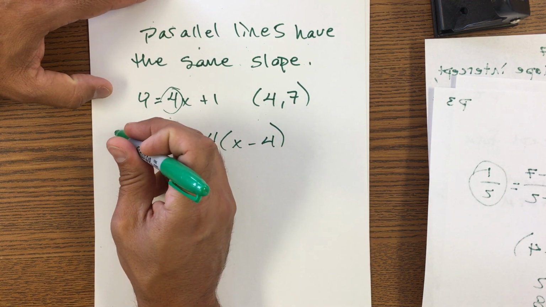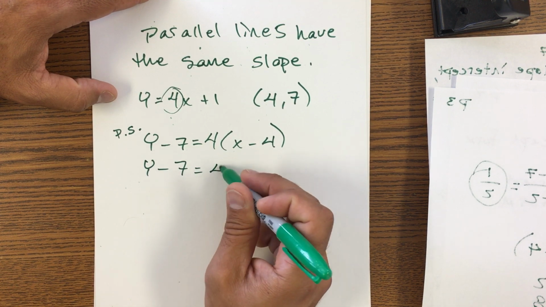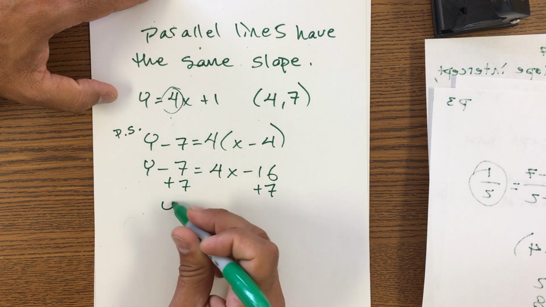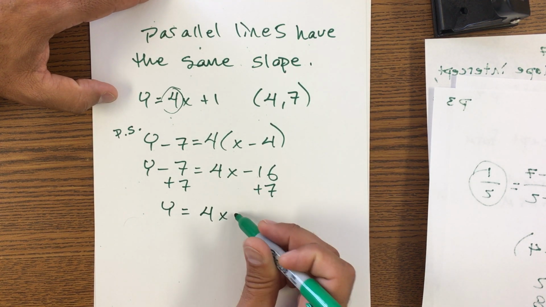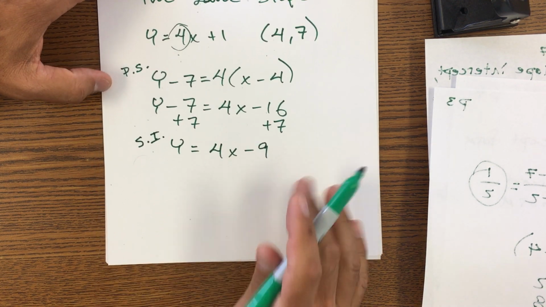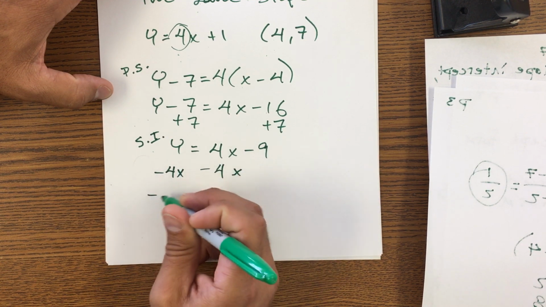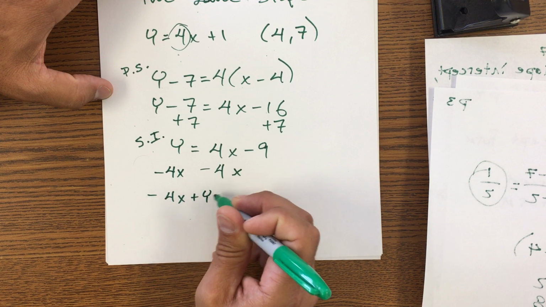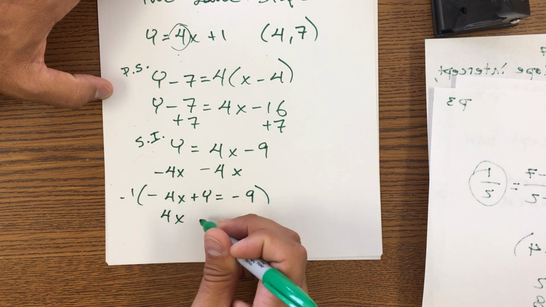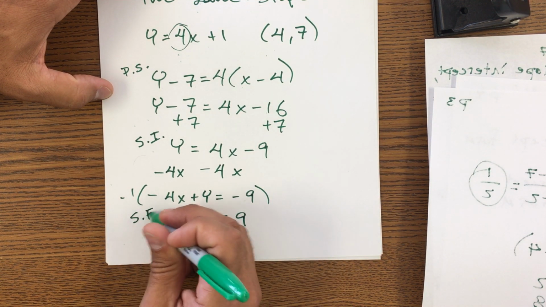That's in point slope form. To get it in slope intercept form, I would distribute, and I would bring over the 7. So that's in slope-intercept form. To get it in standard form, I would bring over the x. And I would multiply by -1 to make that x positive. And that's in standard form.